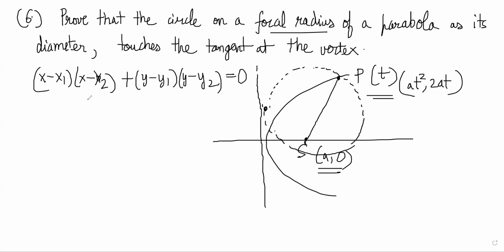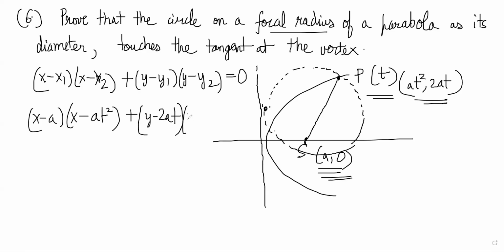That's the diametric form of a circle if (x1, y1) and (x2, y2) are the endpoints of the diameter, right? So here our endpoints are (at², 2at) and (a, 0). So I'll get (x − a)(x − at²) + (y − 2at)(y − 0) = 0. This is the equation of my circle.